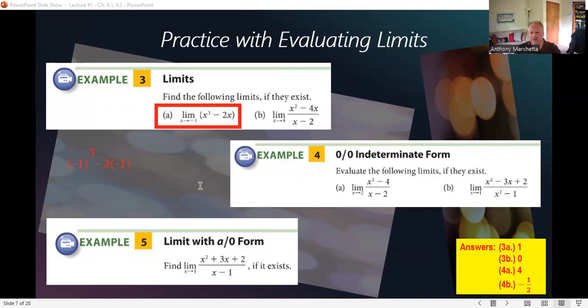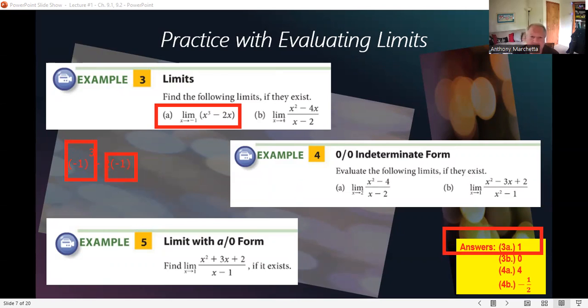All right, let's go do that work, calculate that, right? And what do you get? Well, looks like this right here, -1 cubed is going to make -1 again. This right here is going to be -2. -1 minus -2 is like -1 plus 2. And as you can see right here, -1 plus 2 certainly is 1. Our answer is 1.